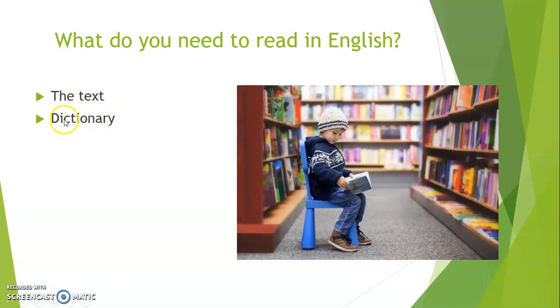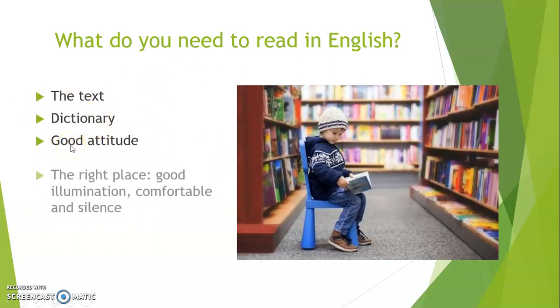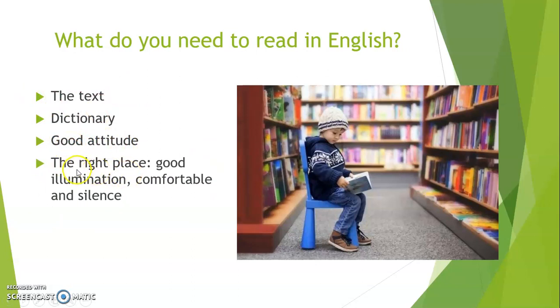So you must have a dictionary with you for translation. You need to have a good attitude, a positive attitude, guys, like to pay attention, to be focused on the activity. Finally, you have to find a right place with good illumination, good lighting. You have to be comfortable, okay? And the place must be in silence in order for you to focus, guys, okay?